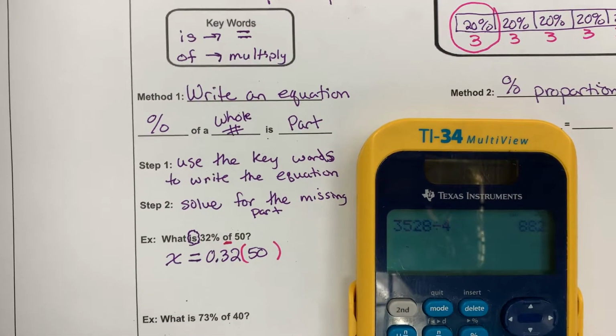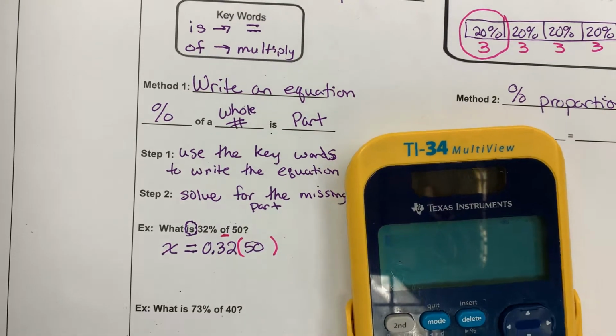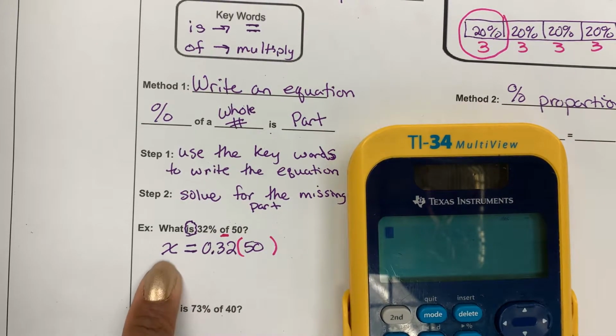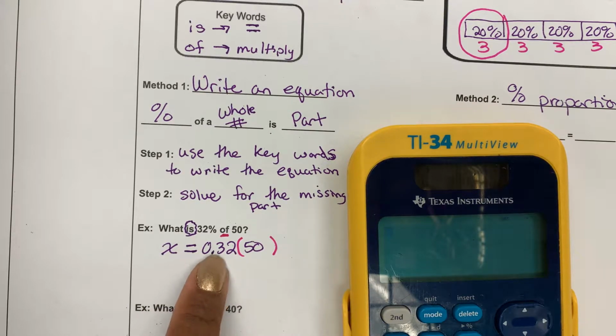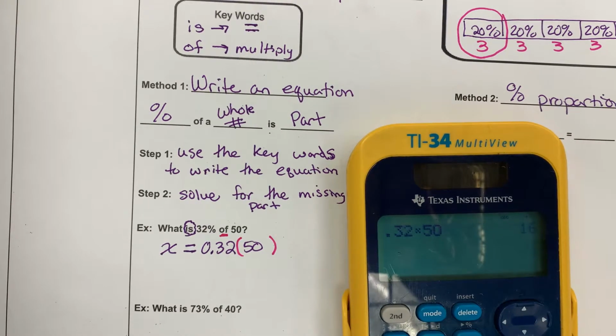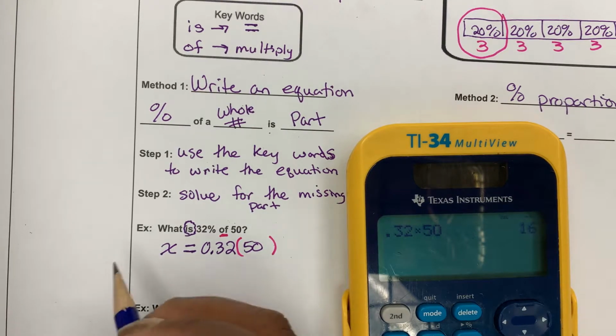So I have my calculator here to help me. And I see my missing part is going to be equal to whatever I get when I take 32 hundredths and multiply it with 50. So I'm going to type in 32 hundredths times 50. And my missing part is going to equal 16.